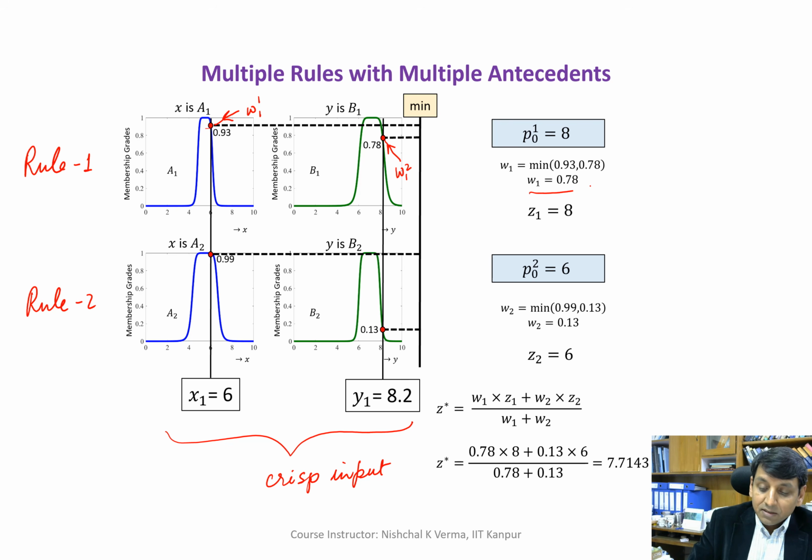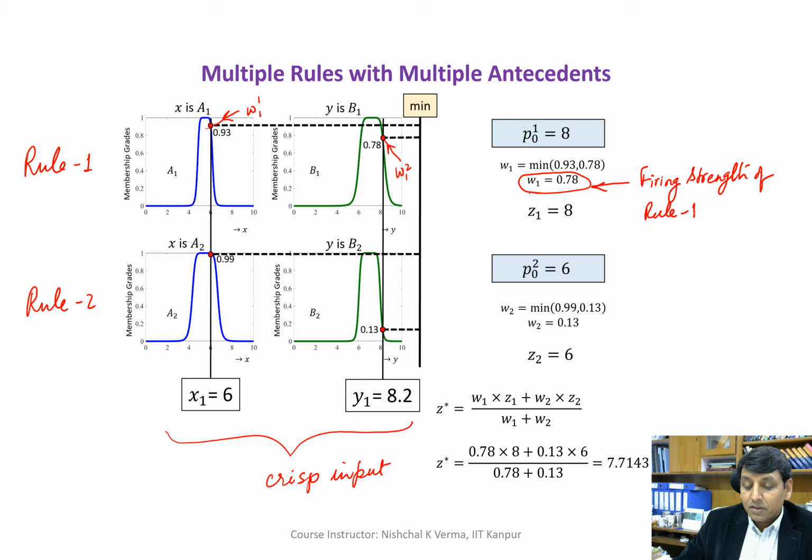When we take min, our value is going to be W1, which is also called the rule strength, or the firing strength of rule 1. This is also called the weight of the rule. This is 0.78.